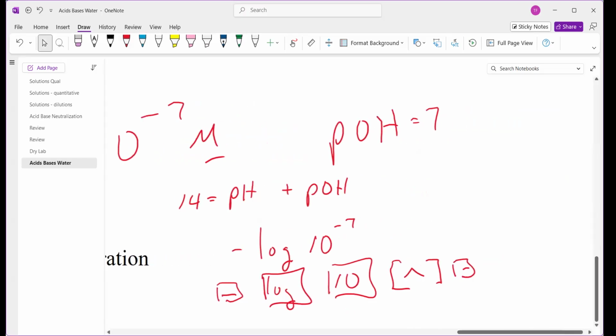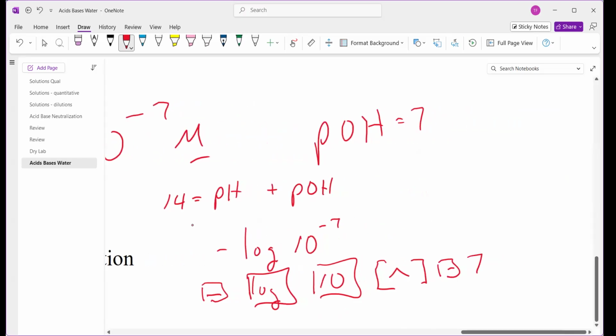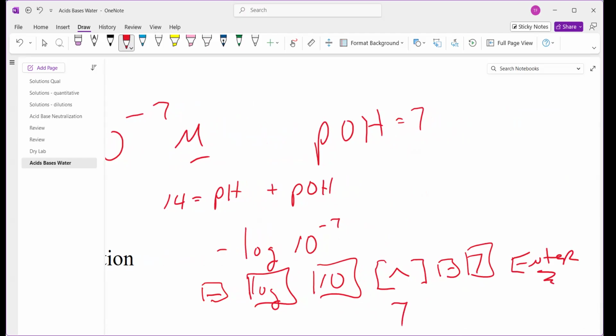Change sign, 7, enter. And you'll get answer 7. Yeah. If I change sign or if I hit log for comes up there.